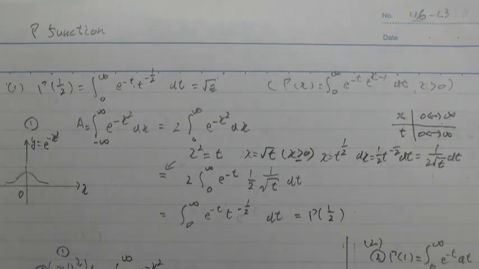Circle 1: the integral from minus infinity to infinity of e^(-x^2) dx. Call this value A. A equals 2 times the integral from 0 to infinity of e^(-x^2) dx.